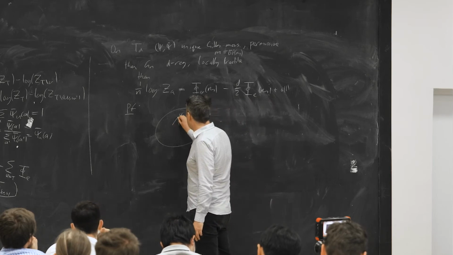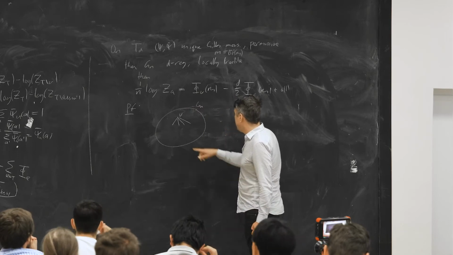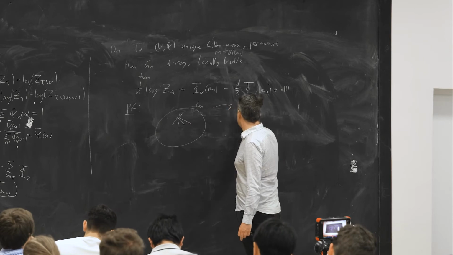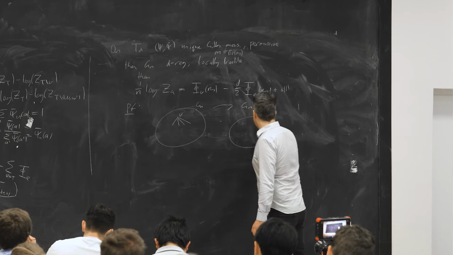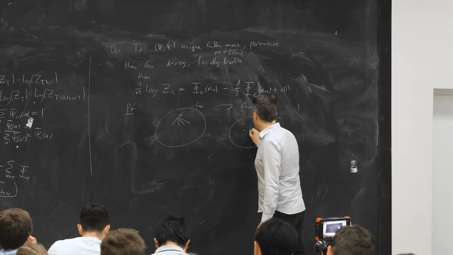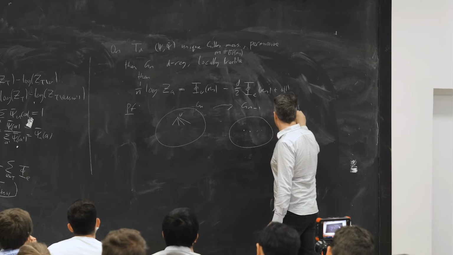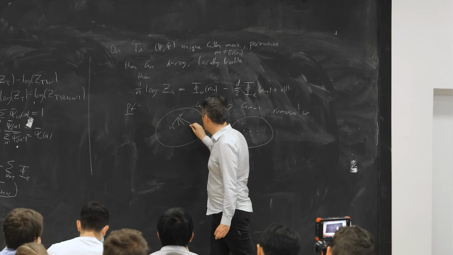So it will have some even number of neighbors, and what I could do is remove V and U1.